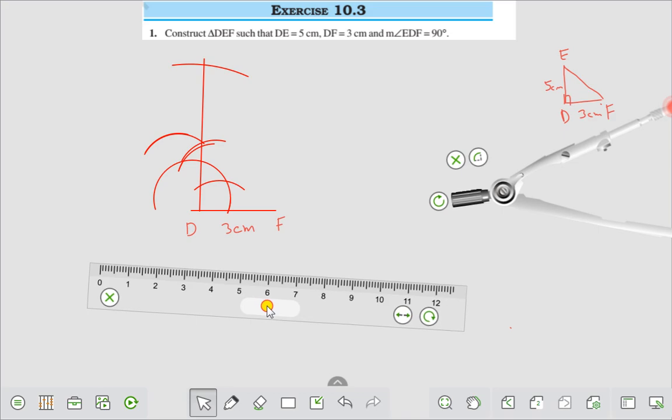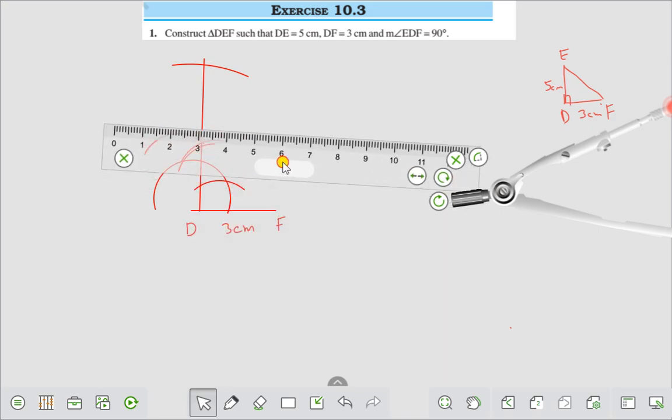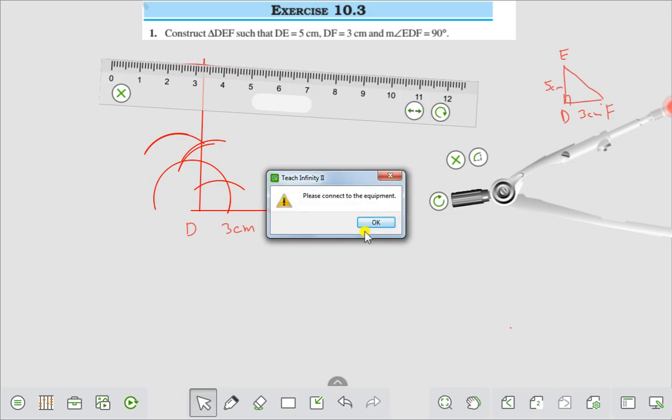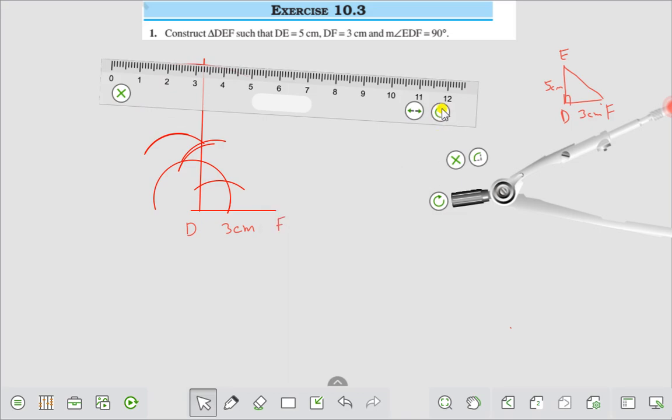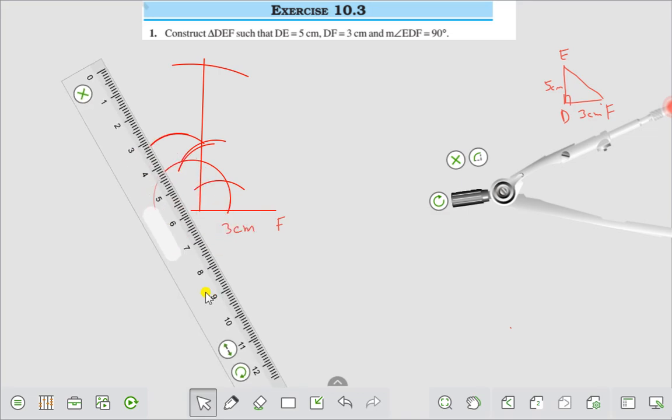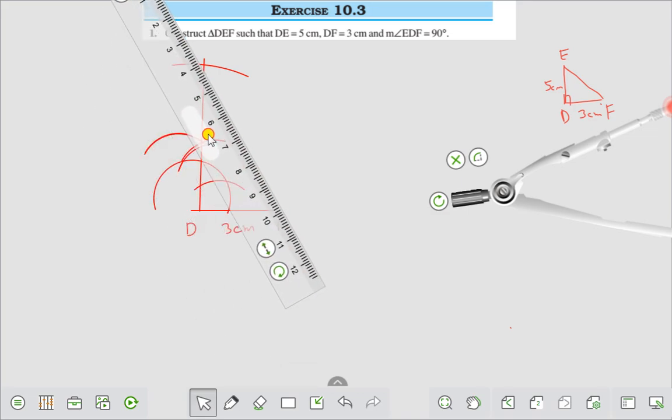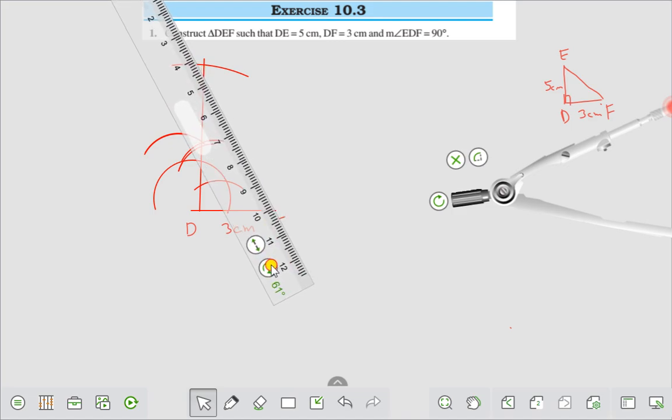If you join this point, then we get the triangle.